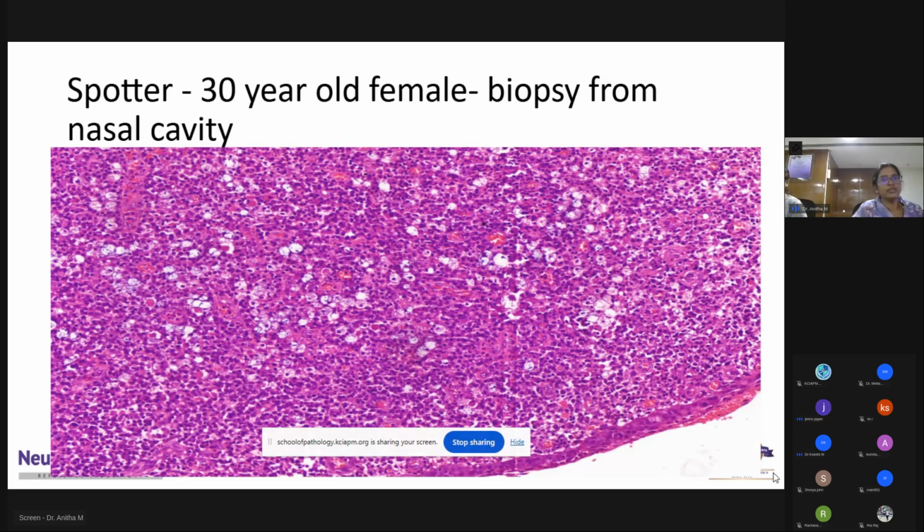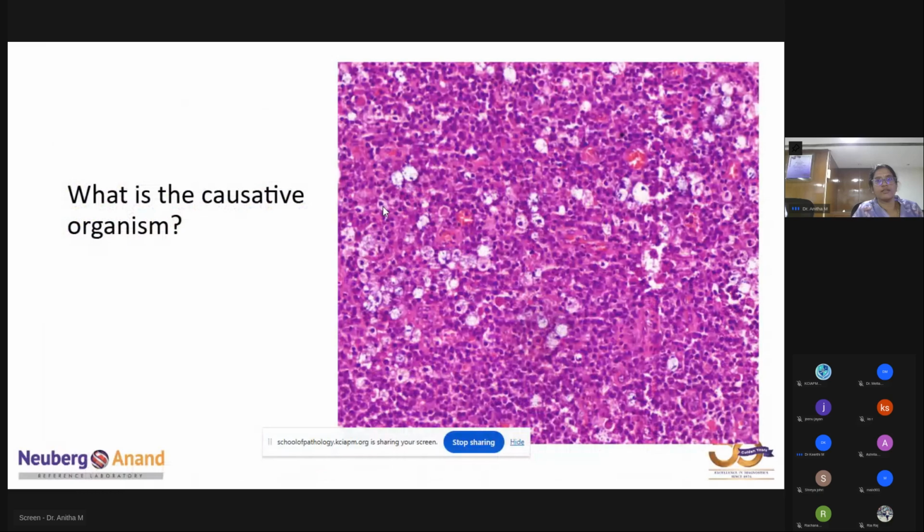Coming to the next spotter, this is a 30-year-old female, biopsy from the nasal cavity. What is your diagnosis? What is the causative organism?